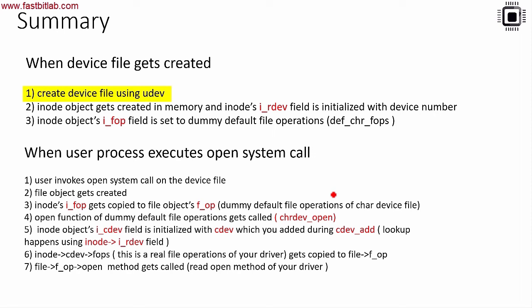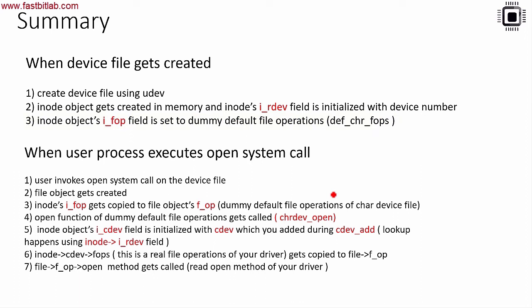First, create the device file using UDEV, let's say. So when the device file gets created, the inode object gets created in memory, and the inode's i_rdev field is initialized with the device number. And the inode object's file operations field is set to the dummy default file operations, that is def_chr_fops. That's a dummy one. That's it. The inode object is in memory.